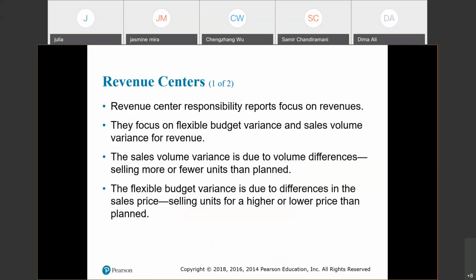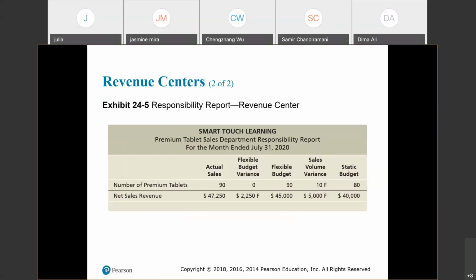An example responsibility report for the premium budget sales department of the Smartest Learning company is shown on this slide. It shows detailed sales volume and revenue for each type of premium tablet computer sold.